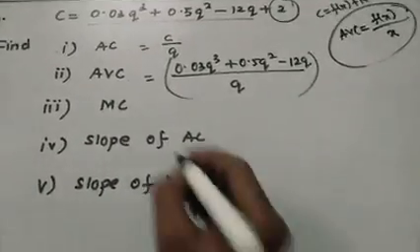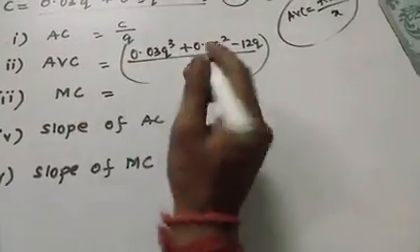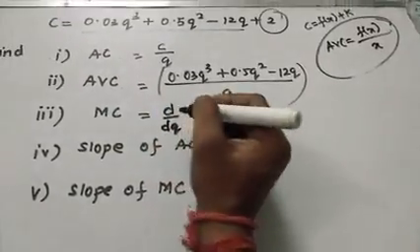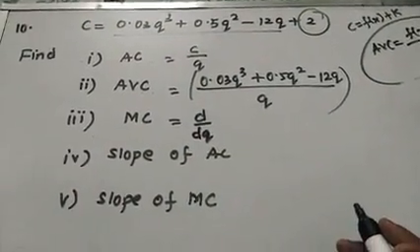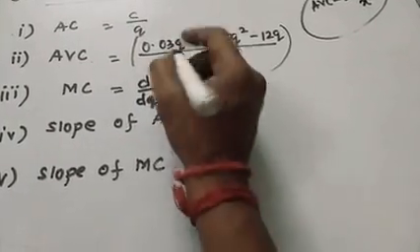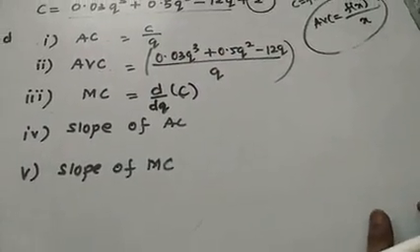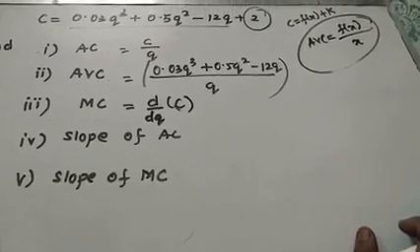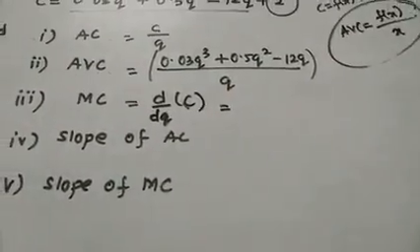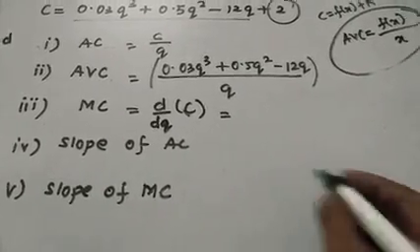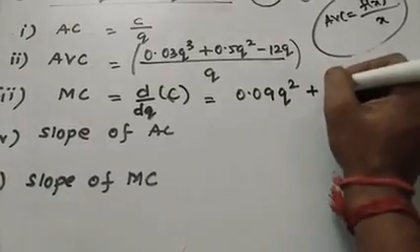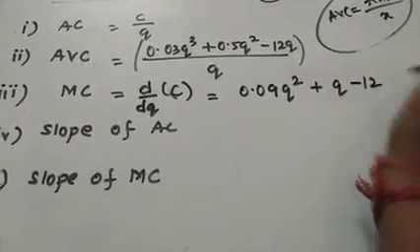Now marginal cost. Marginal cost we know is very easy, that is d/dq of total cost. Why q? Because the output is q. After differentiating, you will get 0.09 q square plus q minus 12.